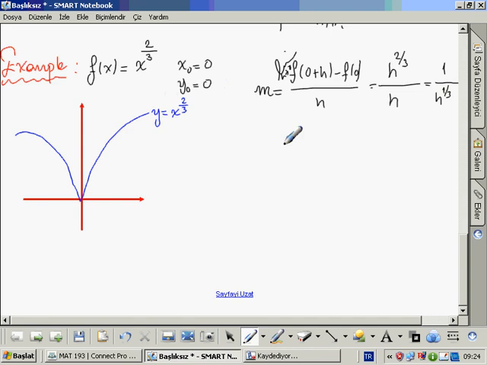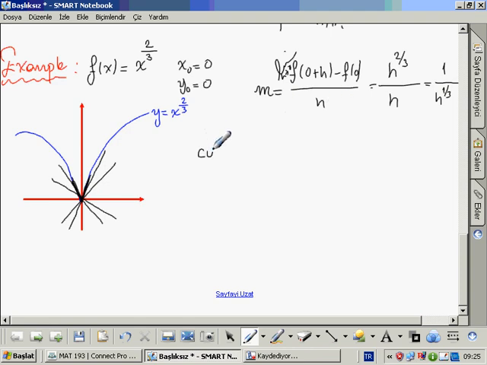At this point, you can't sketch any tangent line, and here is problematic.